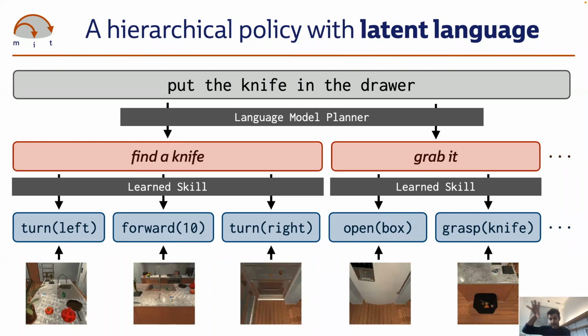Another high-level failure mode that this model exhibits that we have some thoughts on how to fix right now is that it's not great at replanning. It could be that you generate a plan that says heat the apple in the microwave, and then it turns out there is no microwave in the environment at all, and you need to heat it on the stovetop instead. And right now, even as we've drawn this, there isn't a feedback loop between the low-level vision and the high-level planning, except at the very beginning of this process.